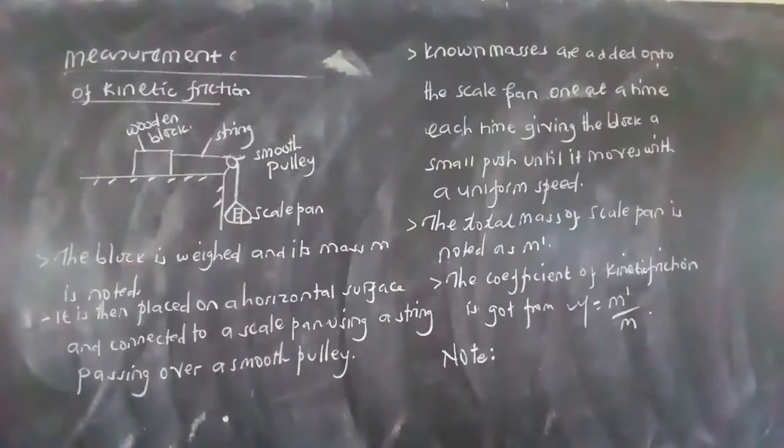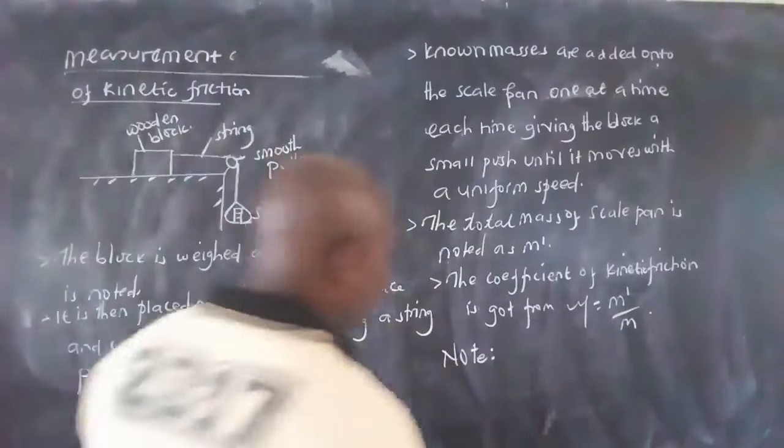Next, the results are tabulated. A graph of M prime, the mass of scale pan, against M is plotted, and the slope S is calculated. The slope gives the coefficient of kinetic friction.